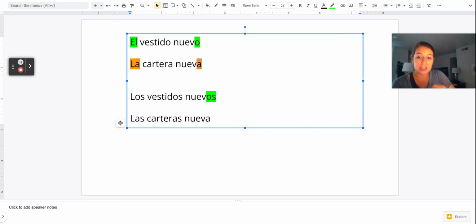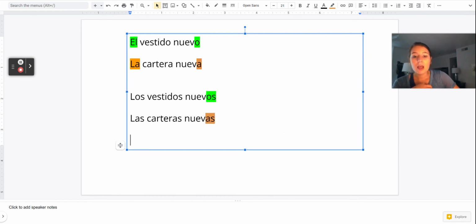So nuevo has to have an S on the end to make it plural. Just like las carteras is still feminine, but it's now also more than one. We call that plural. So nueva, that ends in an A, to be feminine, also needs an S at the end to make it plural.